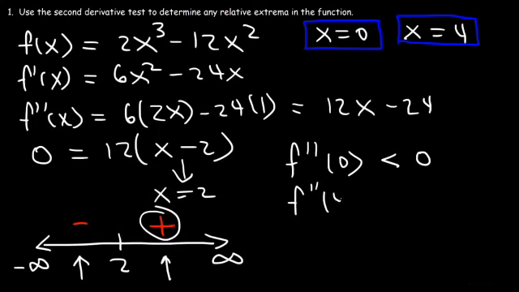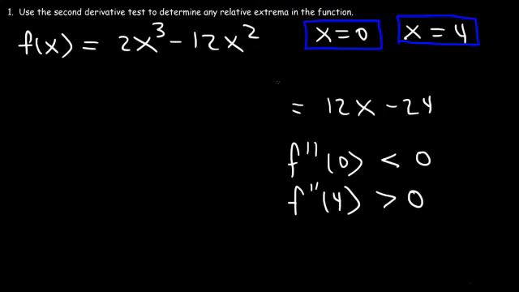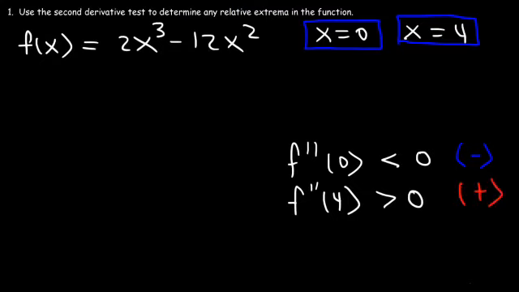So f double prime of 4 is going to be greater than 0. When the second derivative is less than 0, it's going to have a negative sign. And when it's greater than 0, that means it is positive.